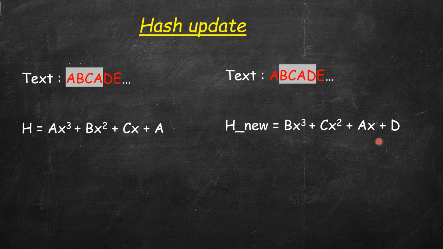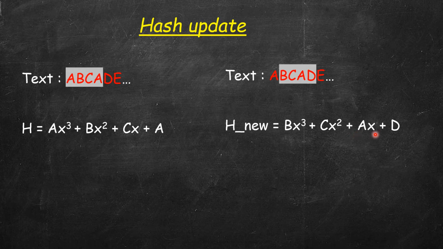h new. So what we did here: we subtracted the first value, ax cube. From h, subtract the first value. The first value will always be the character that we just skipped multiplied by x raised to the power m minus 1. So we subtract that value, h minus ax cube, which is constant time. Then whatever is remaining, multiply that with x.